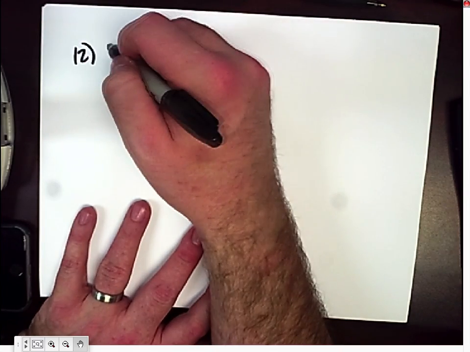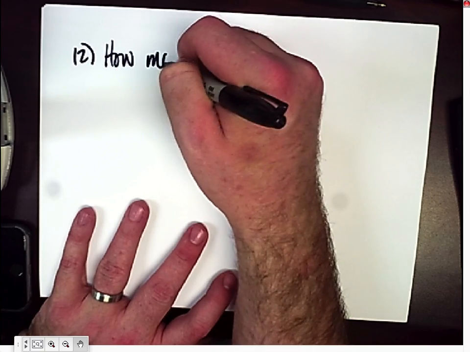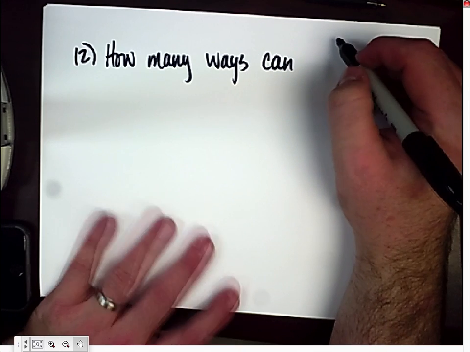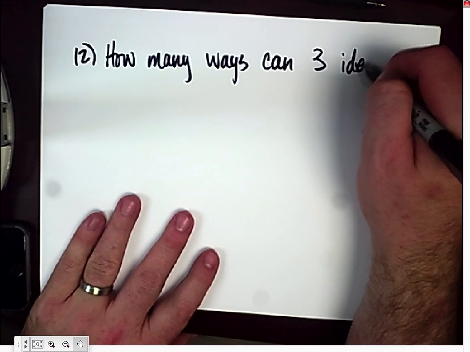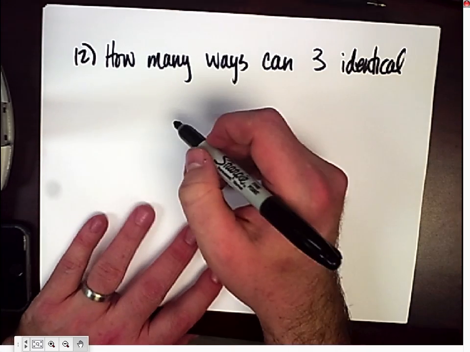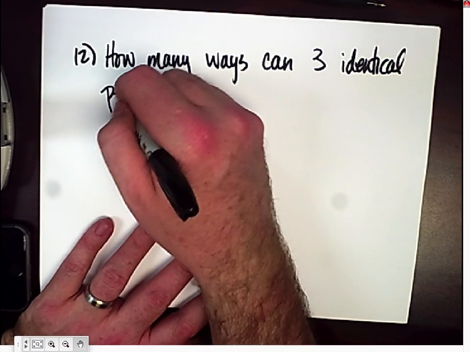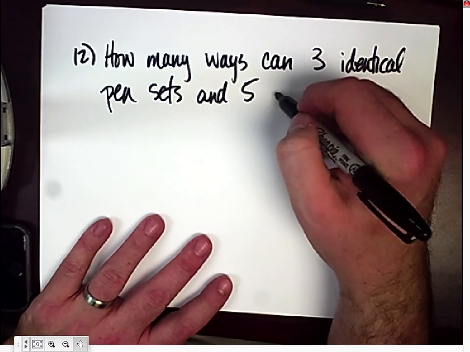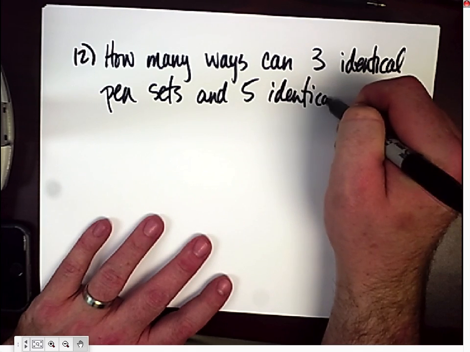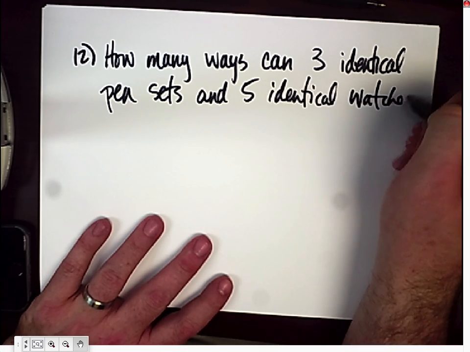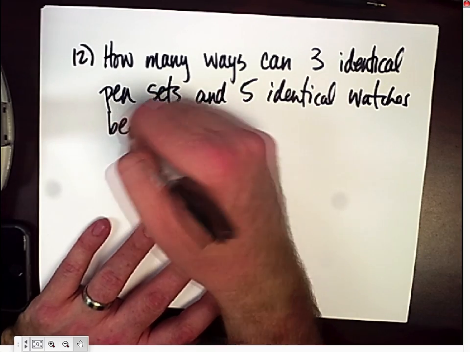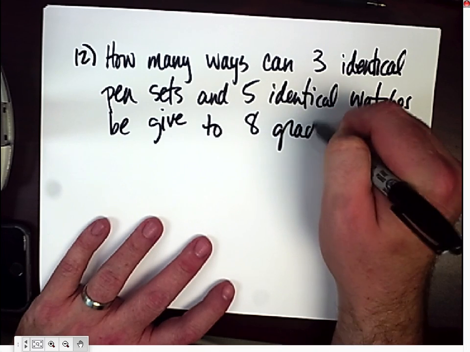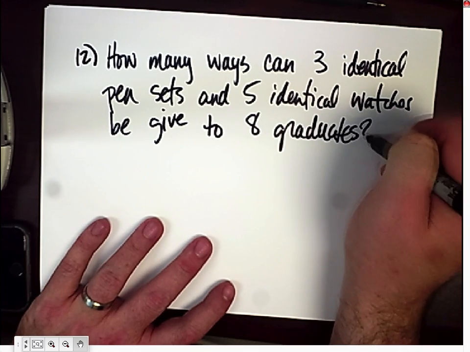It says, how many different ways can 3 identical pen sets and 5 identical watches be given to 8 graduates? Okay.